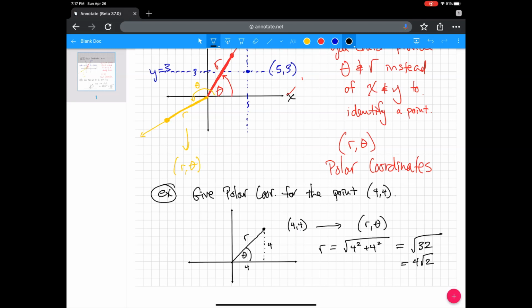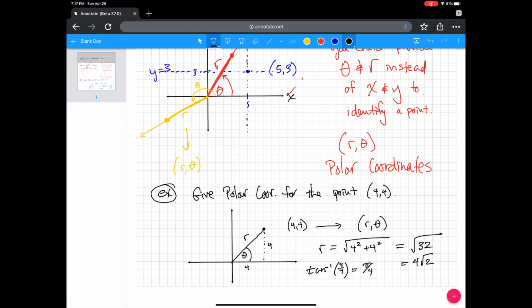Now the theta value, again, we could use triangles and think about opposite over adjacent. So that would tell me that I would want the inverse tangent of the opposite over adjacent, the sides, because I know the tangent is equal to opposite over adjacent, which is 4 over 4, or 1. So if I take the inverse tangent of that, I should get the angle. And that's going to come out to be pi over 4.